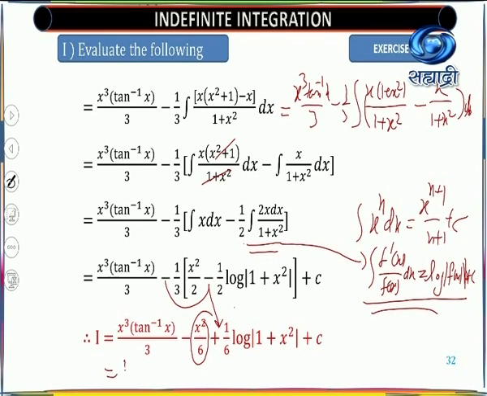You are able to take 1 upon 6 common, so that you will get 2x cube tan inverse of x. Okay, this is your function, and you will have here minus x square plus log of mod 1 plus x square, plus constant of integration. So this is also an alternative answer which you will have in your solution also.